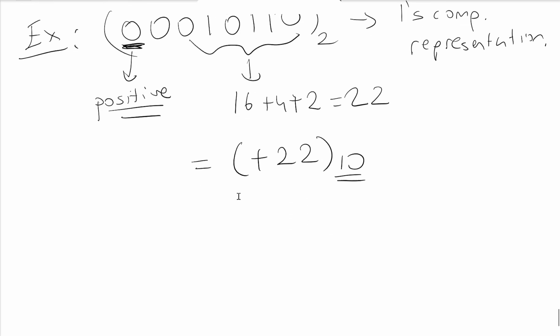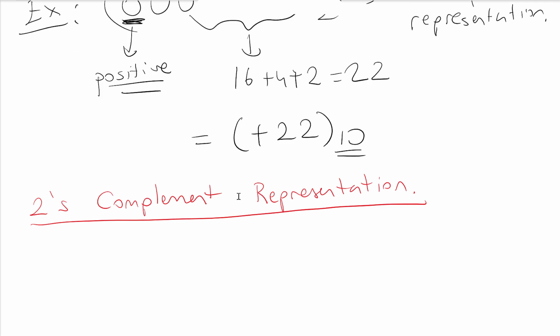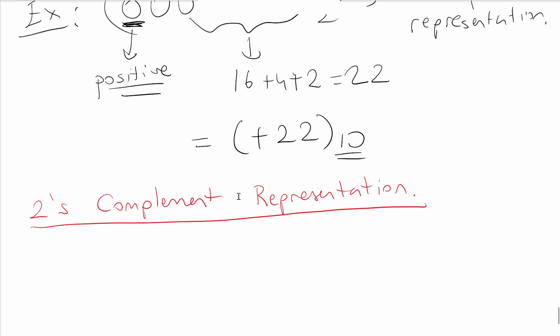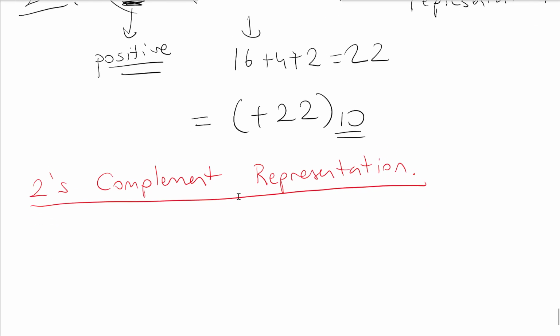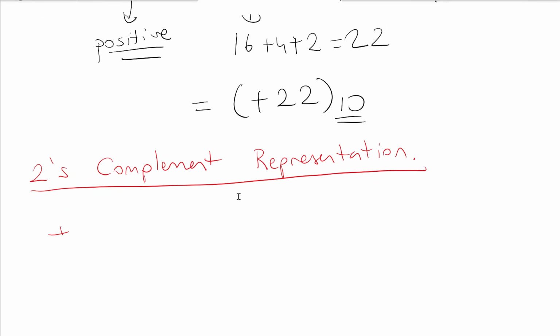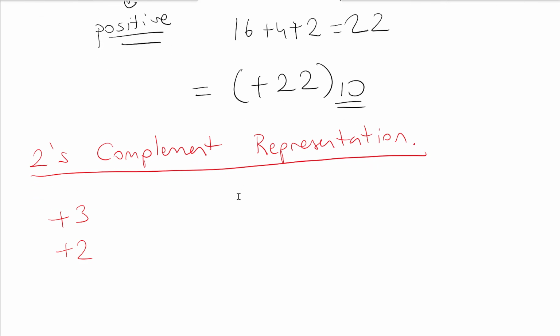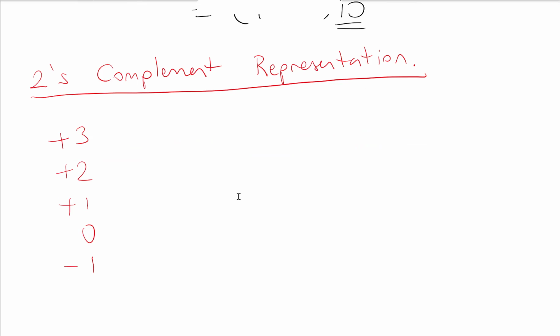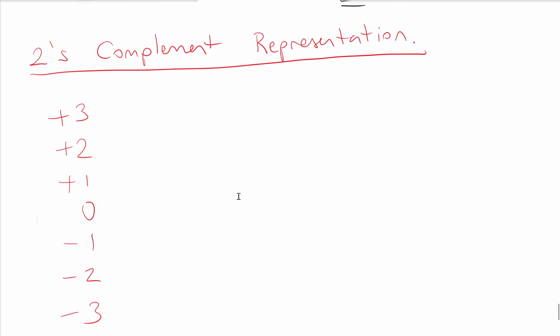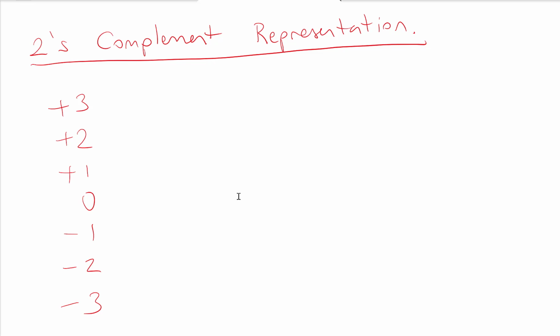So let's look at two's complement representation. This is the representation which is used by most digital systems. From now on, we will always be using two's complement representation for signed numbers. Again, I will directly start with examples of representing numbers in two's complement. Let's see the representations of these numbers in two's complement.